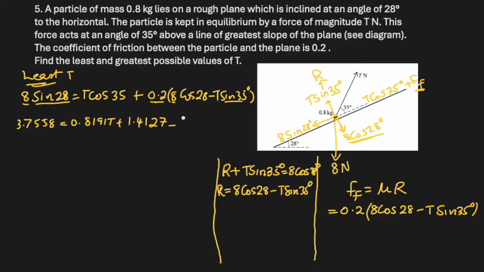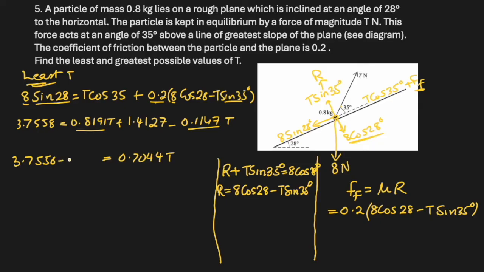Sin 35 times 0.2 will be 0.1147, and then we have T also. So we have a T here, we have a T here, so we'll keep them here and subtract. So 0.8191 minus 0.1147 is 0.7044 T.